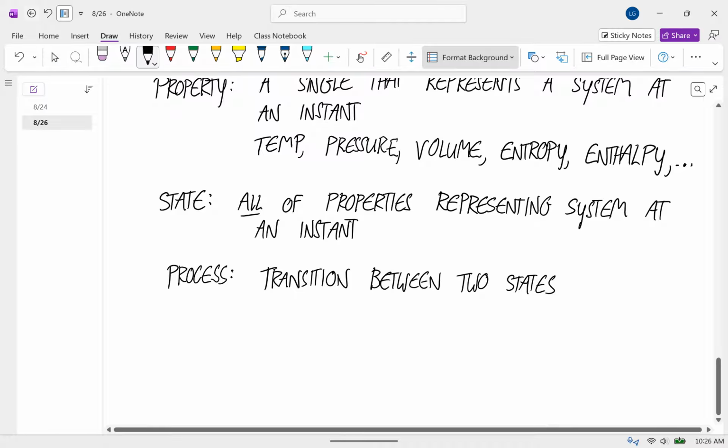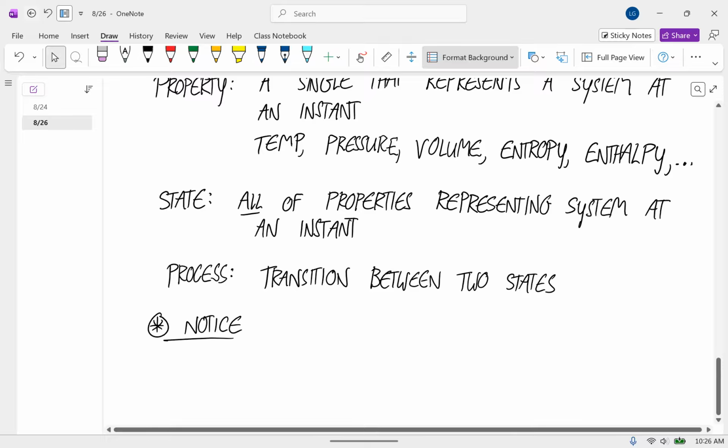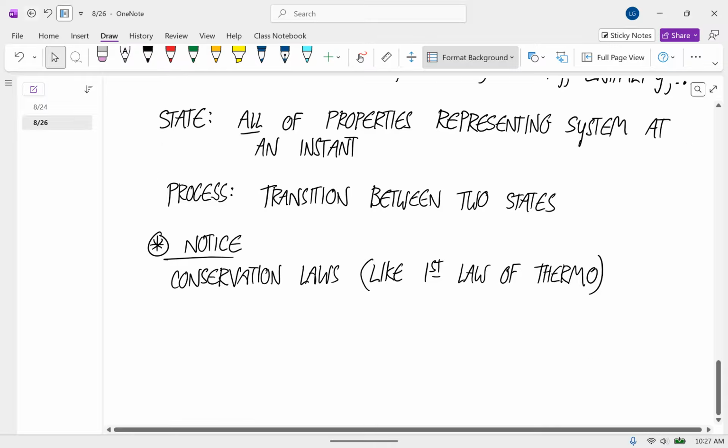And one thing I want you to notice here is that conservation laws, an example of a conservation law is the first law of thermodynamics, always deal with processes.